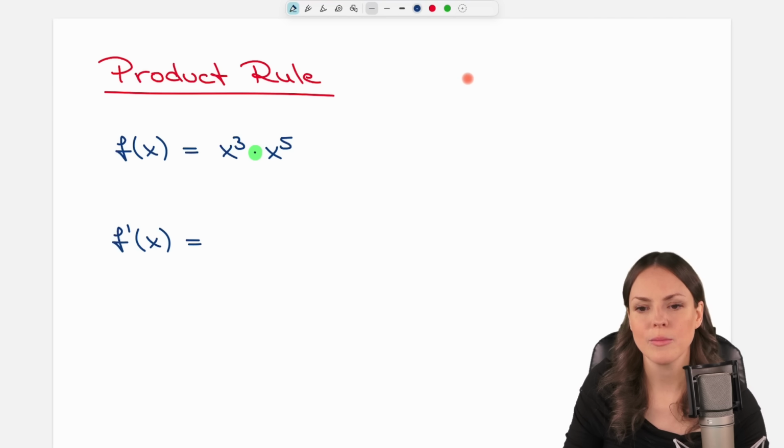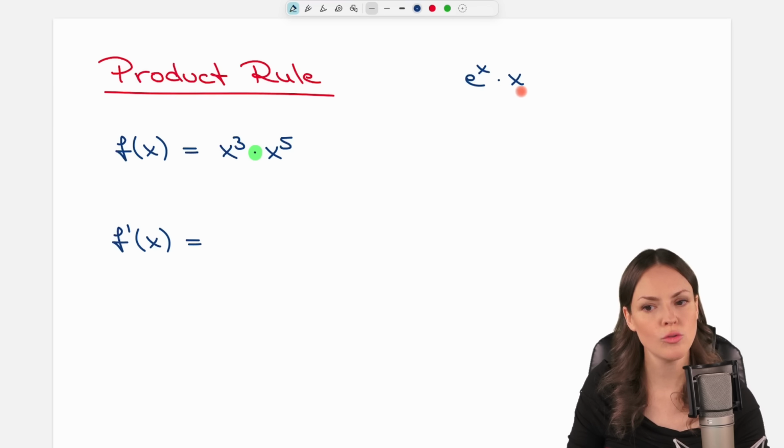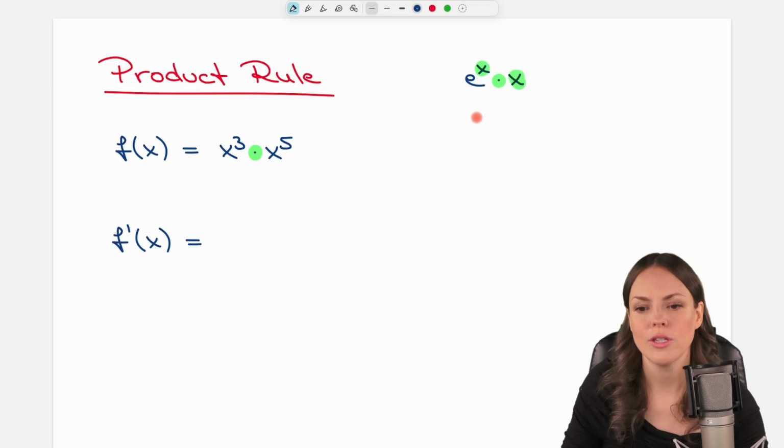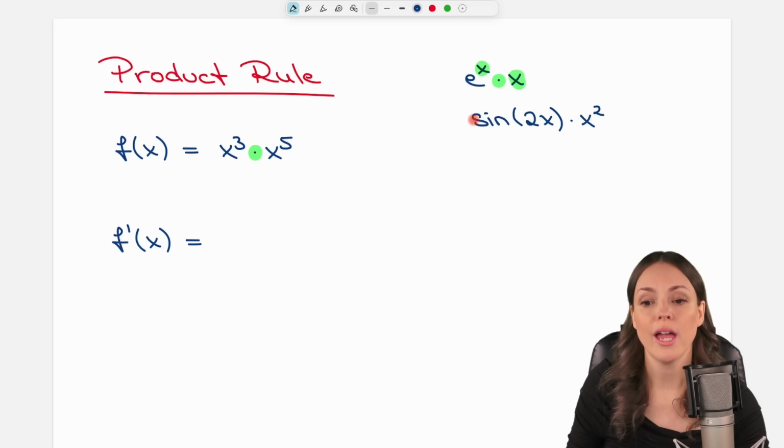So let's say you have something like e to the power of x times x, which means we have something with x times something with x. Yes, here we would need the product rule. Same thing with sine of 2x times x squared. We have something with x times something with x.